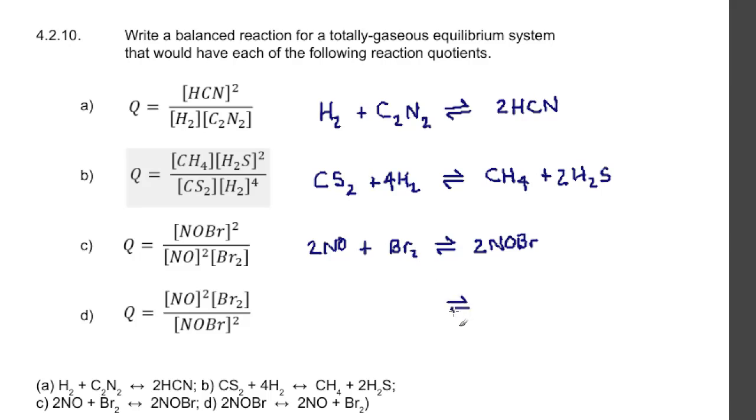And the last one, nitrogen monoxide as a product this time, coefficient of 2, bromine, coefficient of 1, and reactant nitrosyl bromide, if I remember correctly, coefficient of 2.